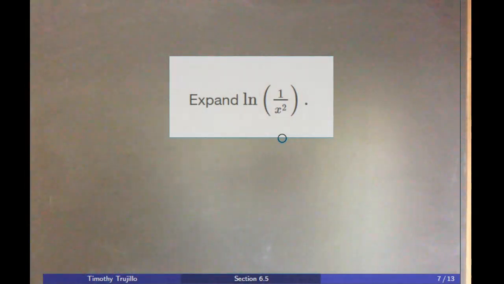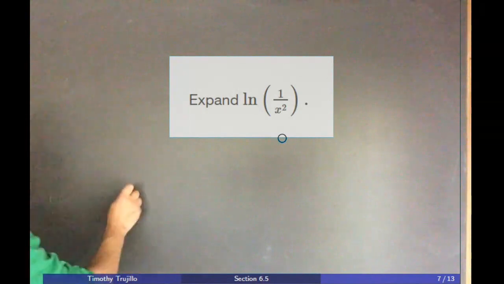And here we'll have to use the power rule as well, right? So that's exactly right. We want to do the quotient rule first with the subtraction, but then we'll also need to pull that x squared down into the front using the power rule. Okay.